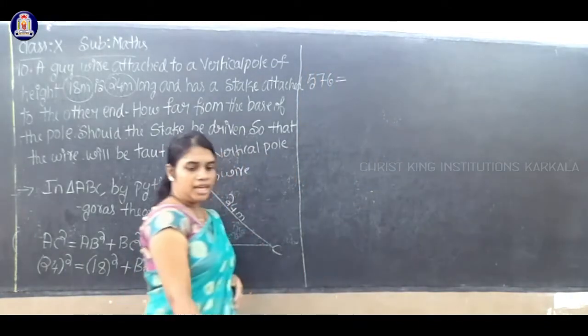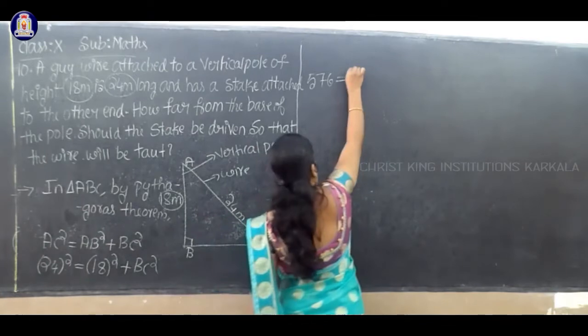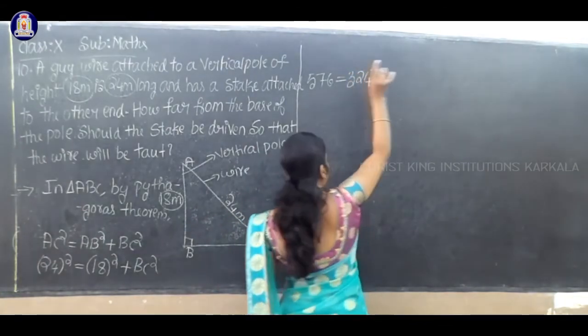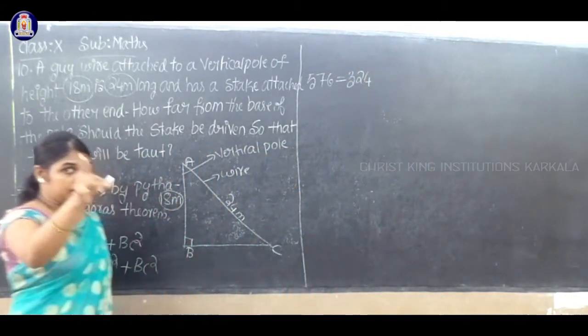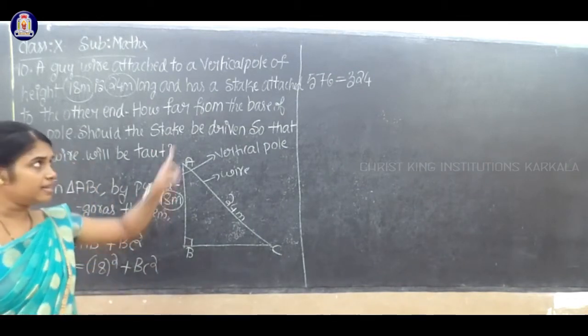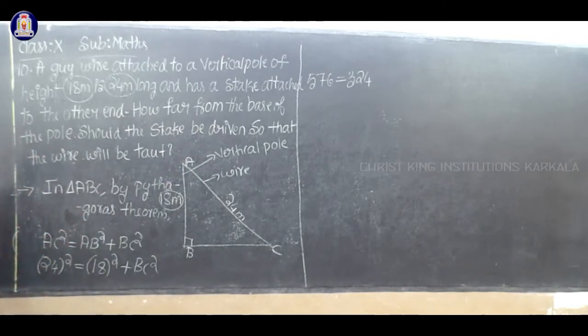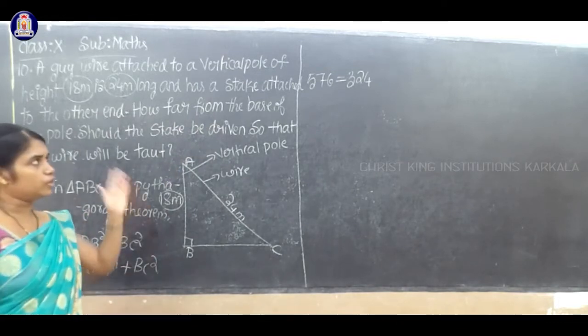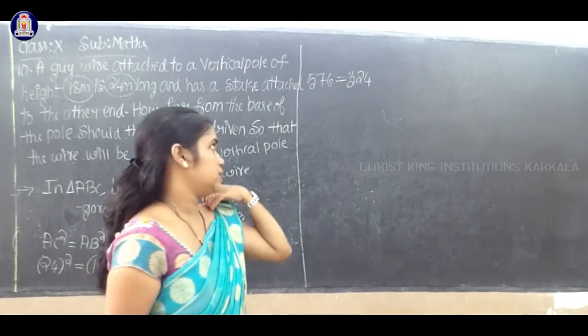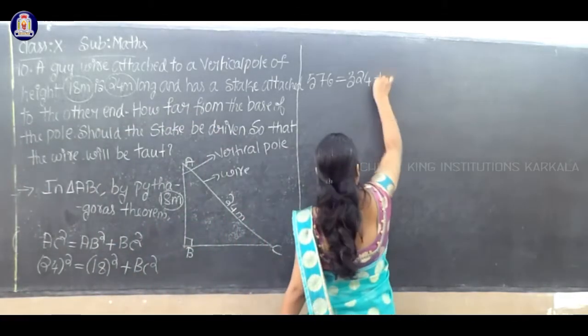576 equal to 18 square plus BC square. 18 square equal to how much? 324. 18 square is about 324. 18 square means 18 into 18, multiply and then write 324. Again 24 square means 24 into 24 equal to how much? 576. So plus BC square I'll write as it is.